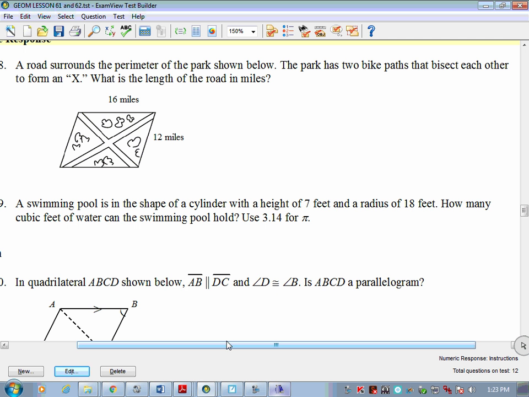Because they're telling me that it is a quadrilateral where the diagonals bisect, I know that this is a parallelogram, which means the opposite sides are congruent, because once it's a parallelogram, all 4 rules of a parallelogram apply. So if I'm trying to find the length around the road in miles, we're going to take 12 plus 12 plus 16 plus 16, or 24 plus 32, and we're going to get 56 miles. 56 miles around the park.